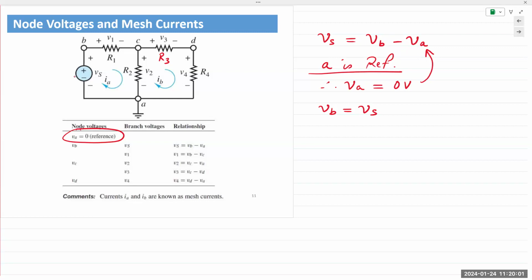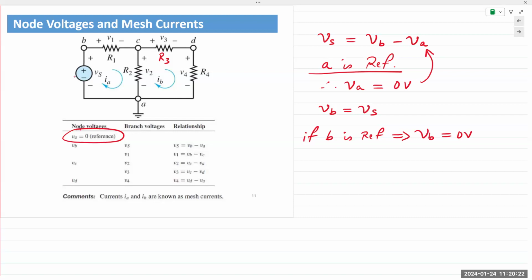How about if I choose B as my reference? If B is reference, then VB is equal to 0 volts.